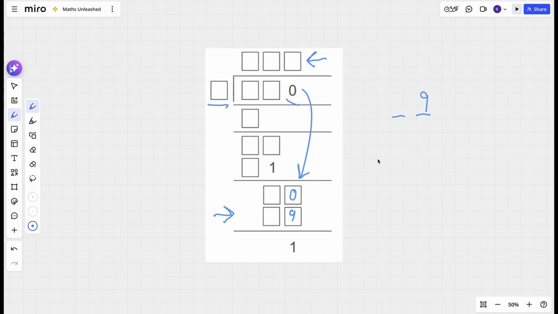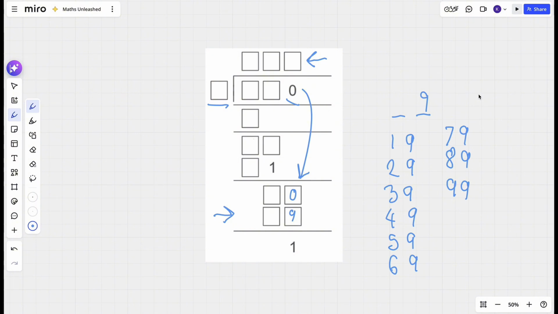Let's list all the 2-digit numbers ending in 9. These are 19, 29, 39, 49, 59, 69, 79, 89, and 99.